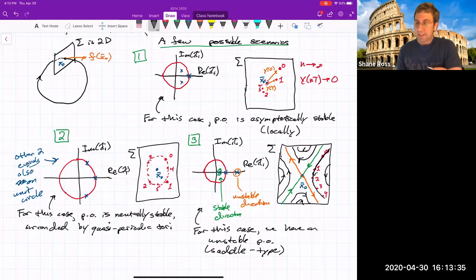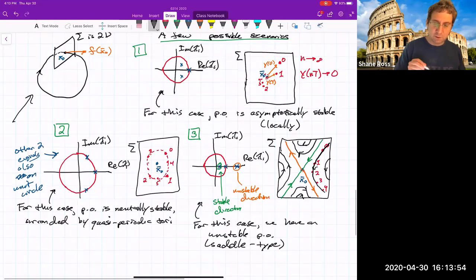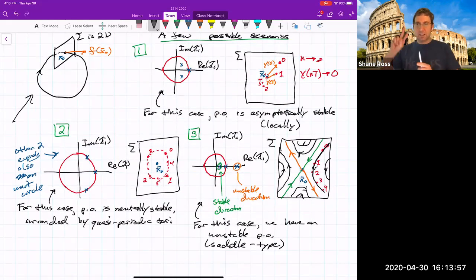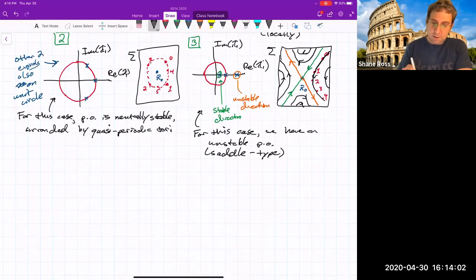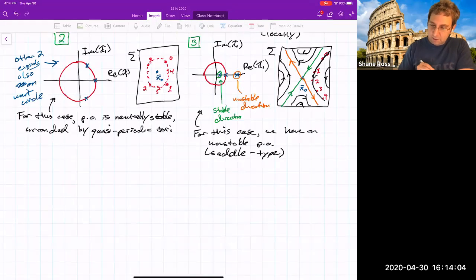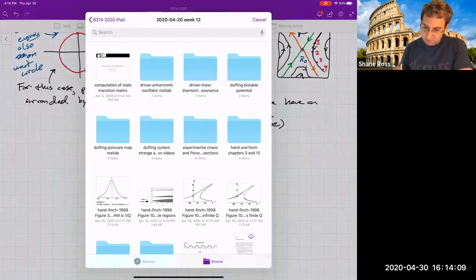And this is the type of situation you would also get in a Hamiltonian system with no damping. In fact, you could even have damping and still have this. You get saddle points. It's kind of interesting to try to plot what this looks like out in the phase space, like in this picture in the upper left. What would it look like to have these stable and unstable directions? I don't draw that very well, but other people have. And so I'm going to show that picture. It's kind of nice.